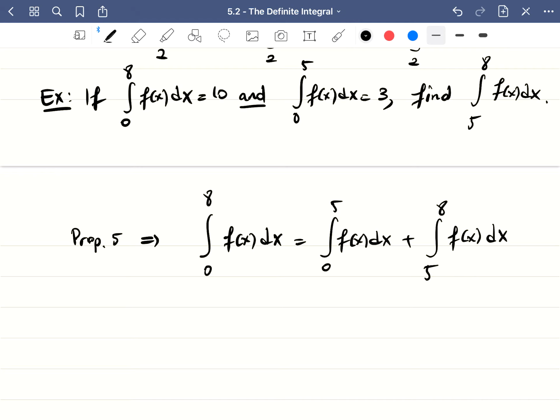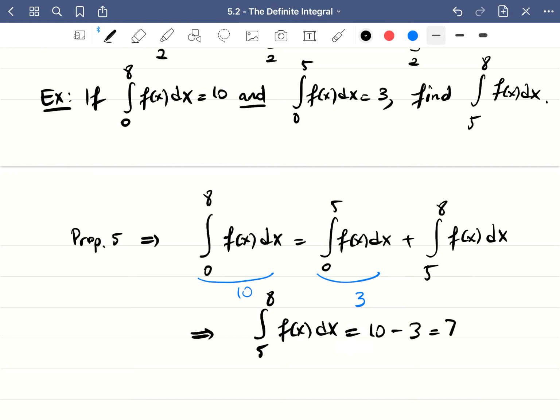Now since this part is given, it's 10, and this part is given, it's 3, you can say that the integral from 5 to 8 of f is just 10 minus 3. This is 7. So it's that easy, just by using property number 5. I hope this is clear.